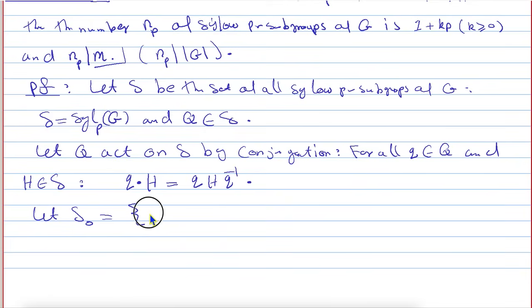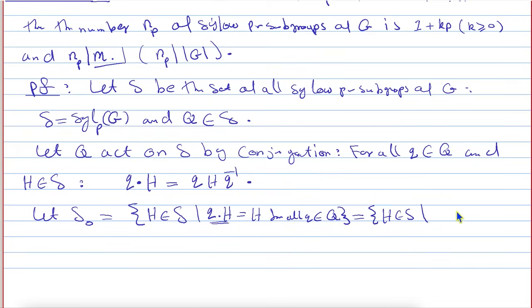So S naught is all H in S such that q dot H equals H, for all little q in Q. Okay, and this also equals H in S, where this is an action by conjugation, so q H q inverse equals H for all q.